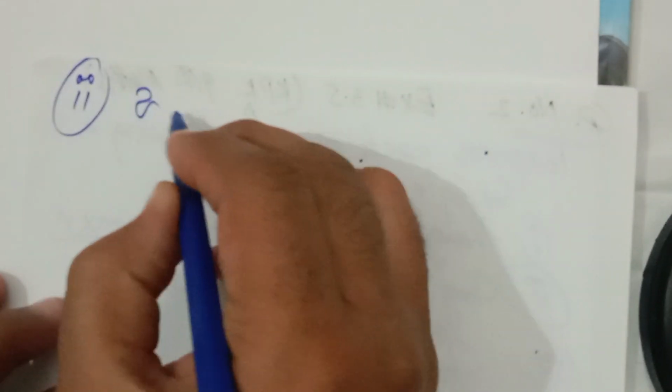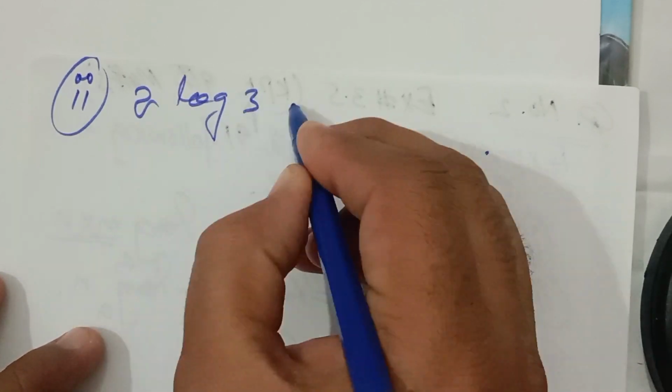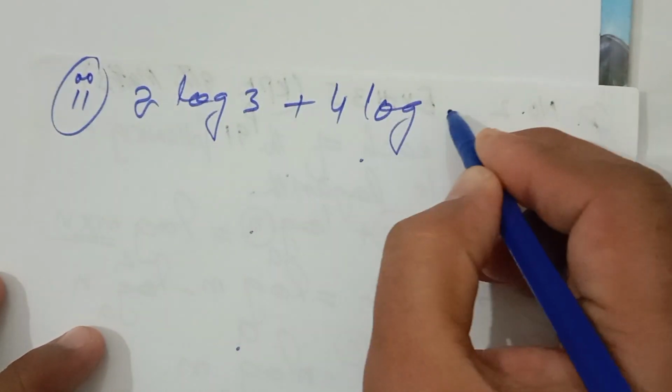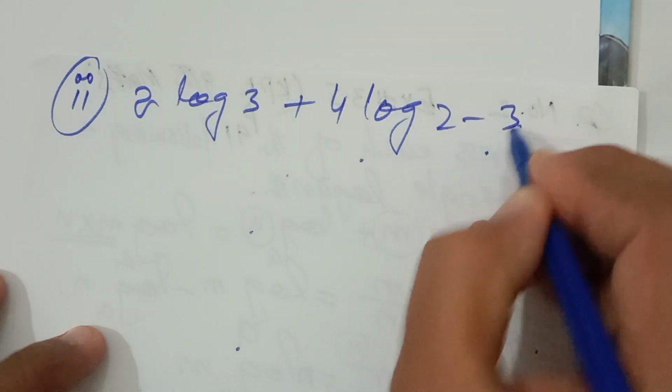Here the second question is the second part: 2 log 3 plus 4 log 2 minus 3.